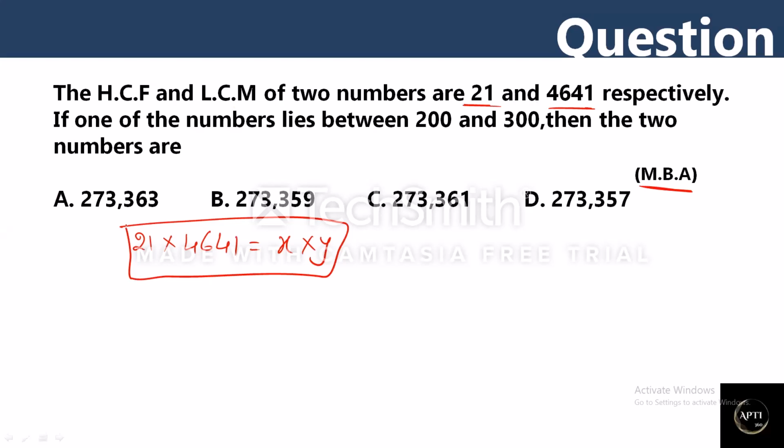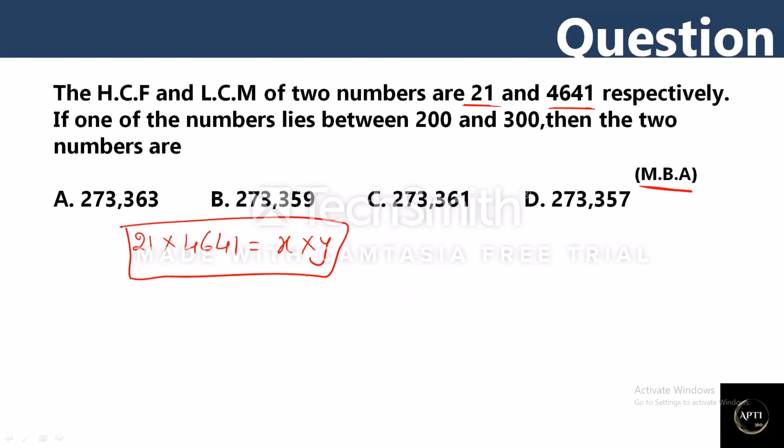At least if you know one value, either X or Y, we can find the remaining value. But the first number itself they have not given; they have only given that one number lies between 200 and 300, and we need to find the other number. Indirectly they have given that. If you observe all the options, one number for sure lies between 200 and 300, no doubt at all.